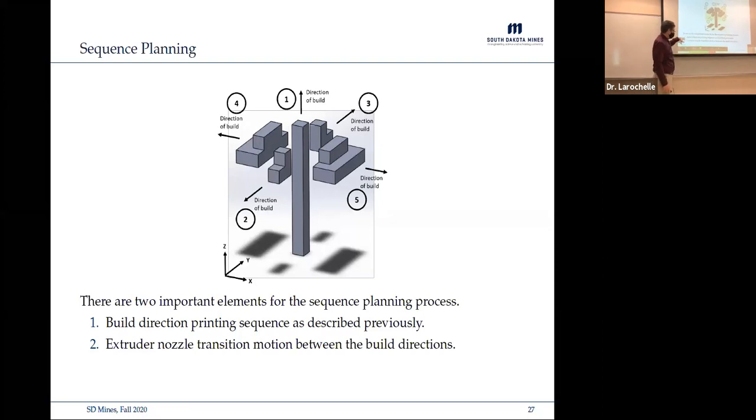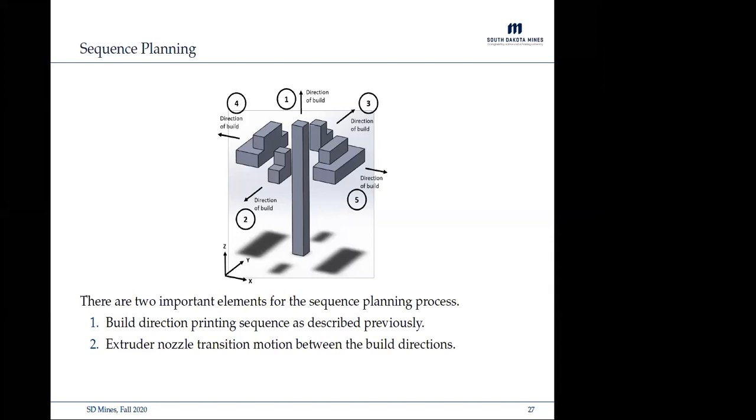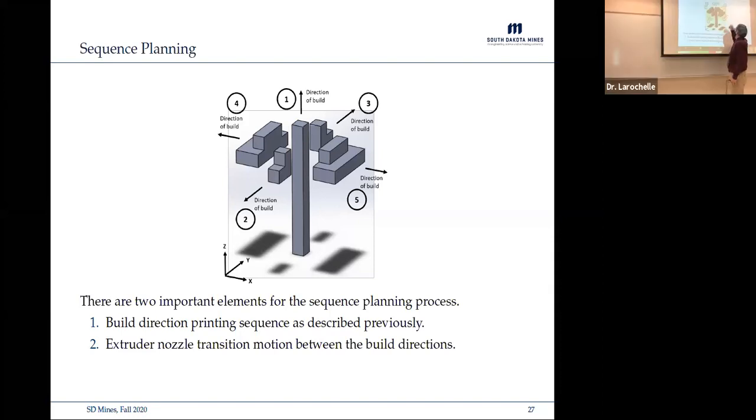And then we also need to worry about the extruder model transition between build directions. So if I'm doing segment 5, I'm building over there. 5 has a build direction coming out this way, which means the robot head's going to be over here, and the print head's going to be like this, coming out in layers going this way.